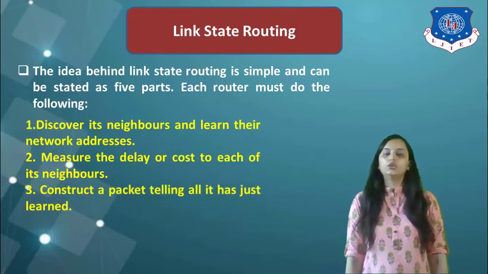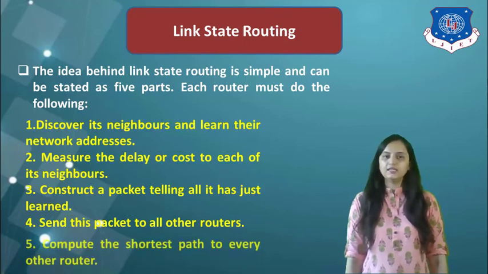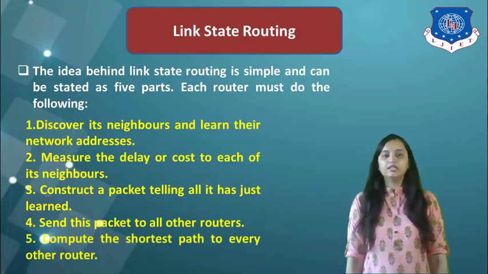Third is to construct a packet telling all it has just learned. That means whatever values it has learned, it has to construct a packet according to that. Fourth is to send this packet to all other routers. And the last is to compute the shortest path to every other router according to this information.